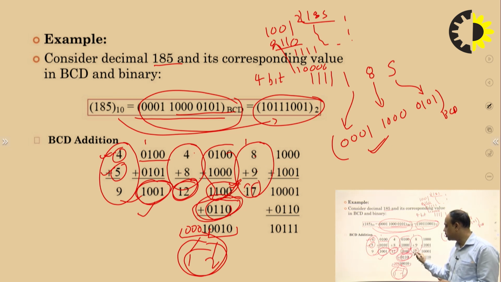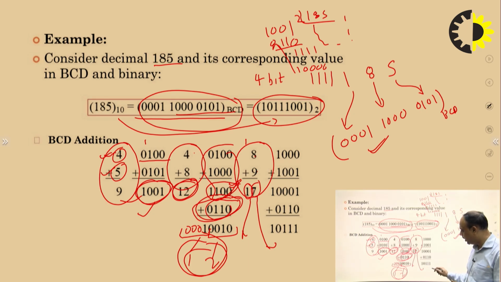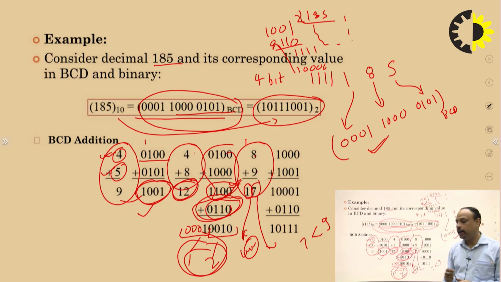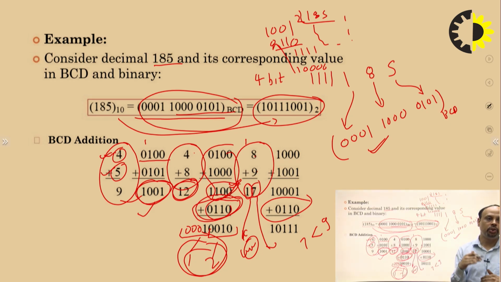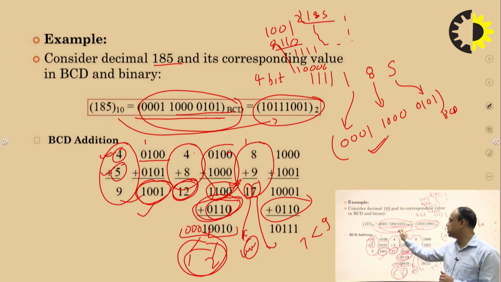So the sum 7 is less than 9 but there is a carry term over here. If this is the case, then again we have to add the BCD 6 in the number so that we can come into the range from 0 to 9, and we can easily represent this number in the BCD format.